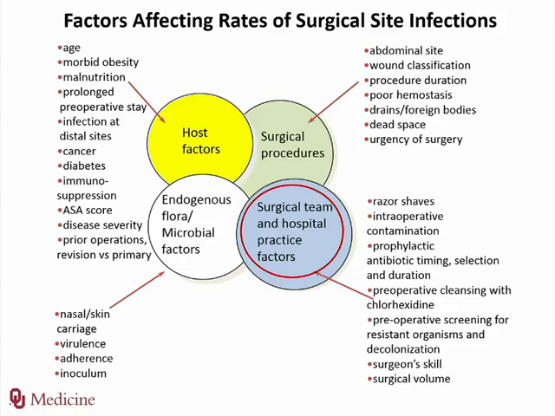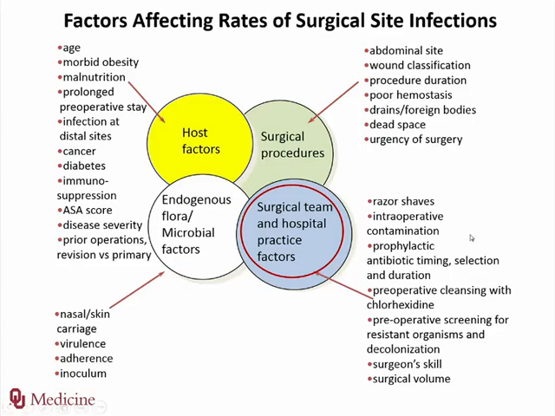There are a lot of unknowns here, but I'll spend a little bit of time talking about some of the endogenous flora and microbial factors. There are surgical procedures, clearly orthopedic surgery, where we expect relatively low surgical site infection rates, but there are certain factors with the surgery that can affect you. So hemostasis, I know, is an enormous concern for orthopedic surgeons, because blood clots in the wound are not a good thing in terms of trying to prevent infection.